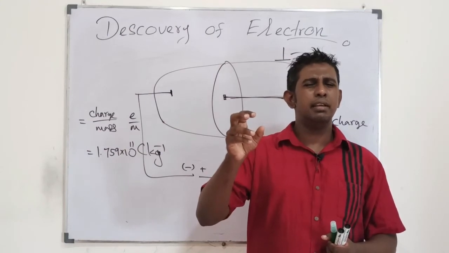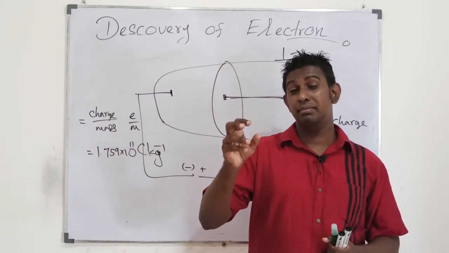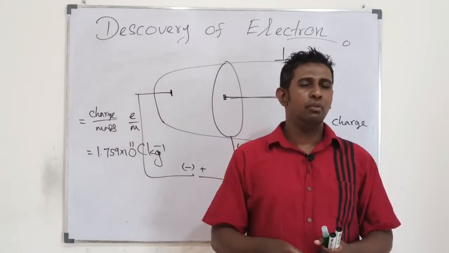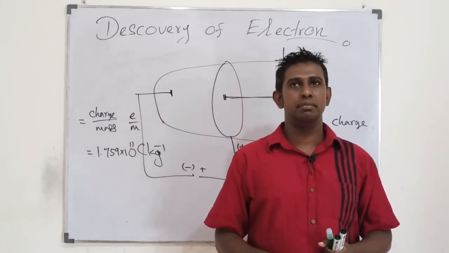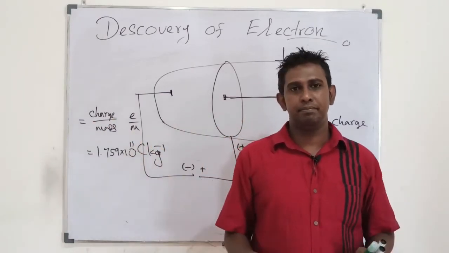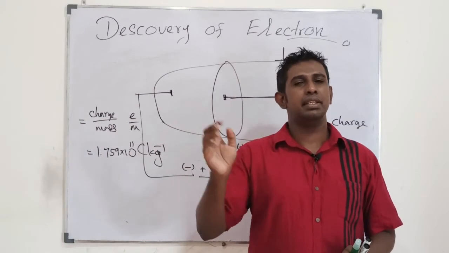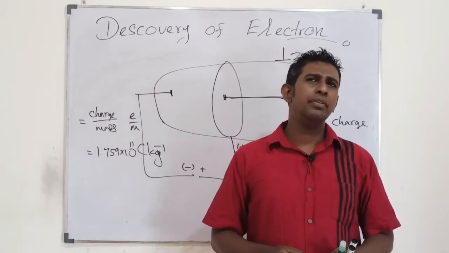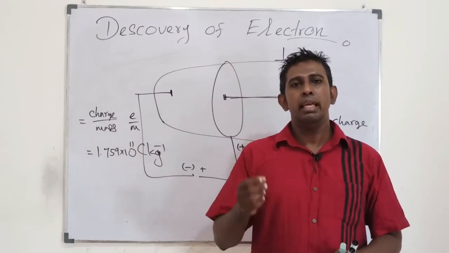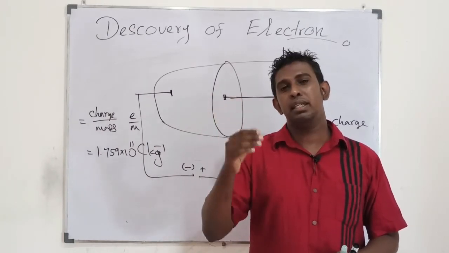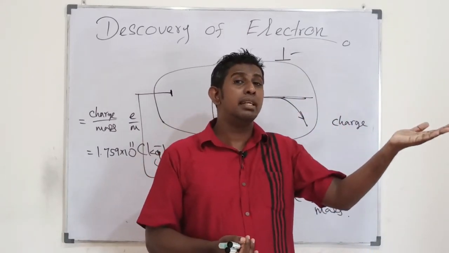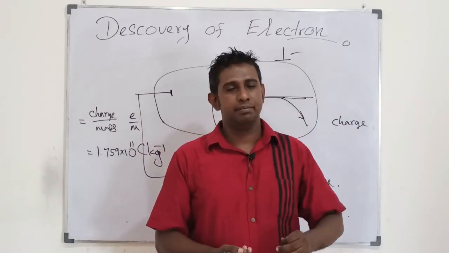So now he was at a position where it seems that within an atom you have another particle, one particle which is smaller than atoms. These particles are identical in every aspect. These are negatively charged. Then students, he wanted to name these particles. Earlier, before J.J. Thomson, there was a scientist named G.J. Stoney.